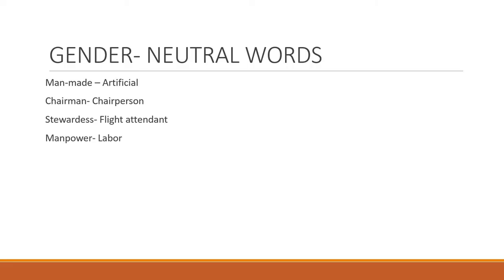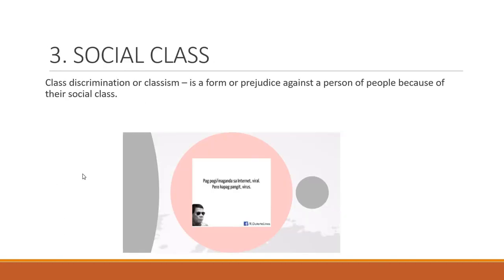So it is better to use labor instead of manpower. So these are examples of gender neutral words. Okay, man-made is to artificial, chairman is to chairperson, stewardess is to flight attendant, manpower is to labor. Okay, and let's proceed to number three, social class.